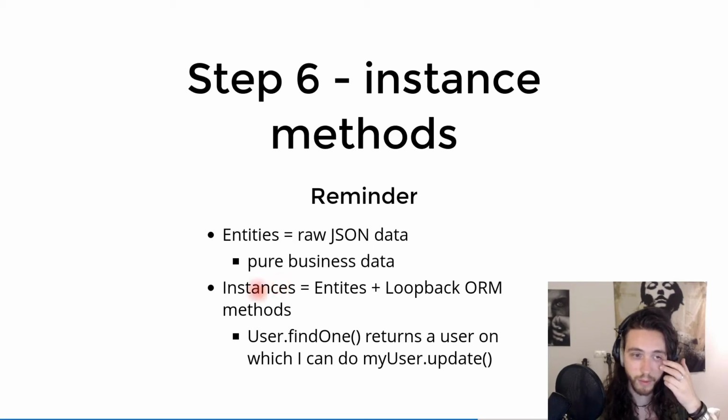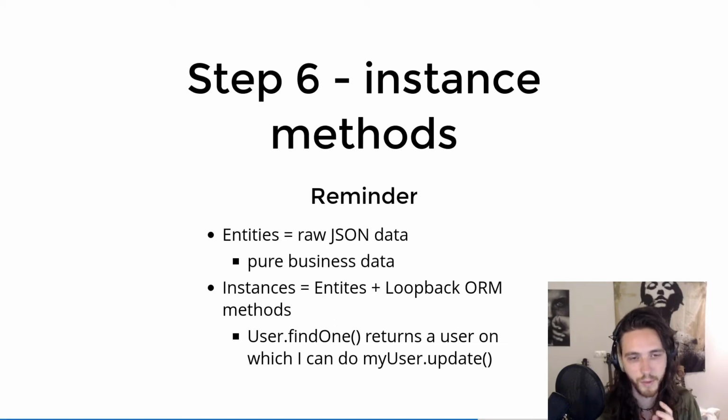Now, what we want to add as a concept is the instances. So what is an instance? It's an entity, but with some additional methods that Loopback provides. So there are standard ORM methods.